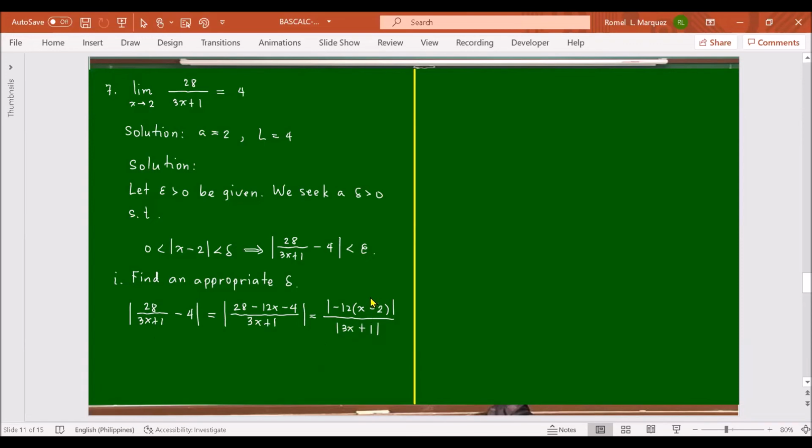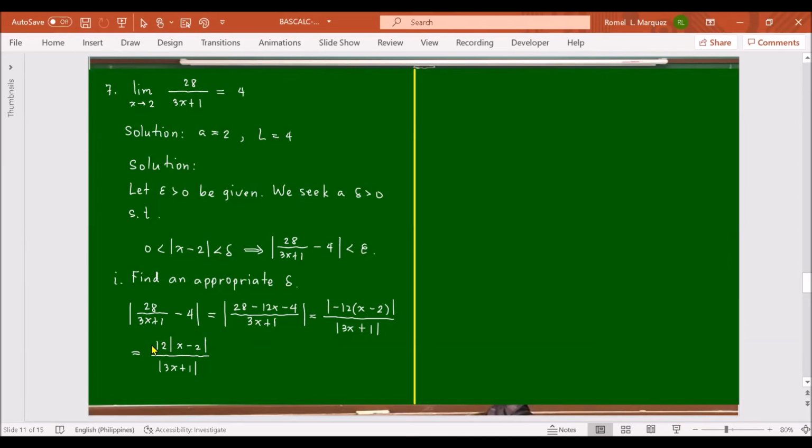So let's simplify this further. I can write that as 12 times the absolute value of x minus 2, all over abs of 3x plus 1. So we want our abs of x minus 2 to be fairly small, no? This is what we want. We want this to be small.